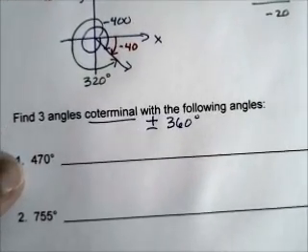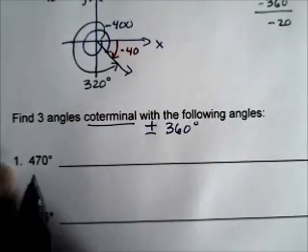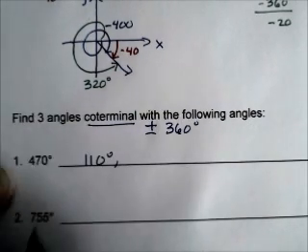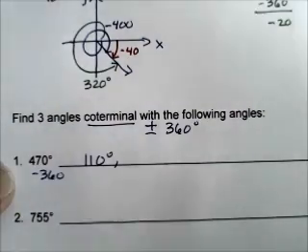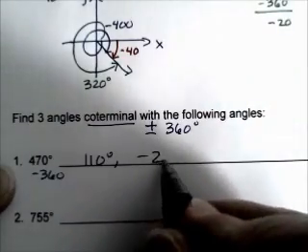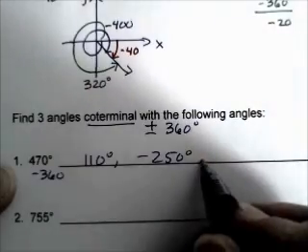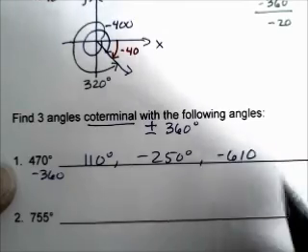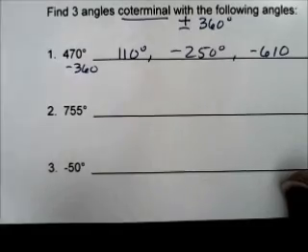I know this video is kind of getting long, so I'm trying to move along. 470 subtract 360 is 110, and then subtract another 360 from 110 is -250. If I go once more, subtract 360, -610. So there's 3 coterminal angles.